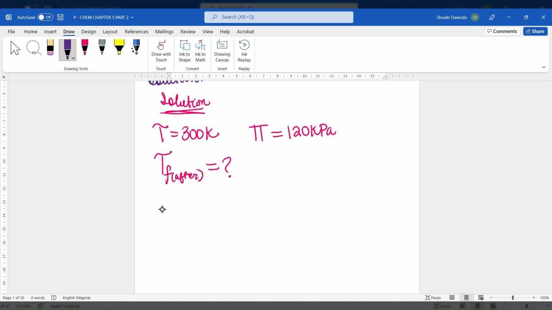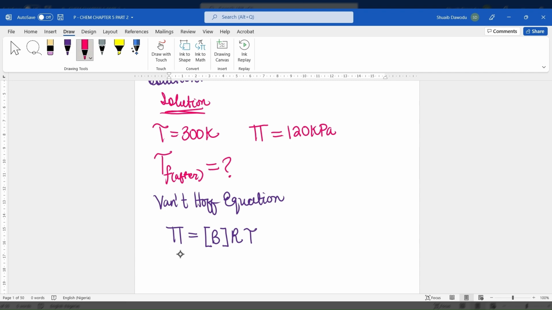The formula to determine osmotic pressure is simply the Van Hoff equation. In this equation, the osmotic pressure is equal to the molarity of the solute B, so the concentration of the solute, multiplied by R, which is a gas constant, multiplied by T, which is the temperature. Here, this is the osmotic pressure.